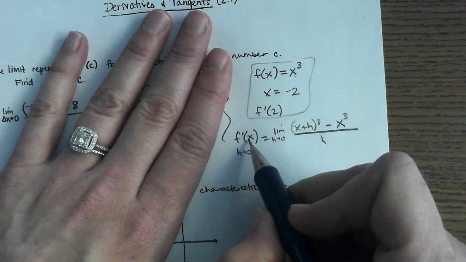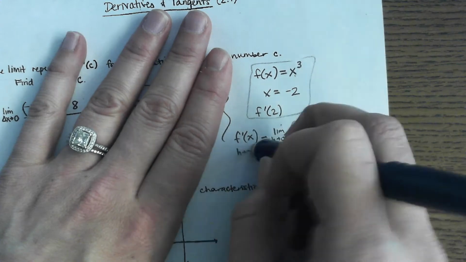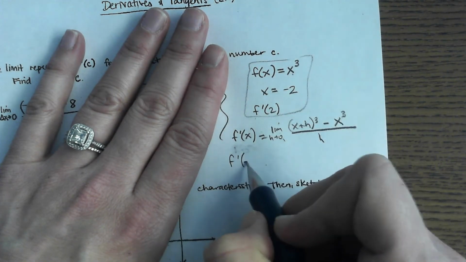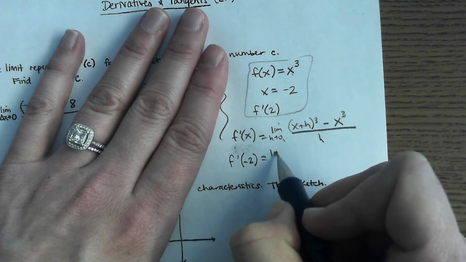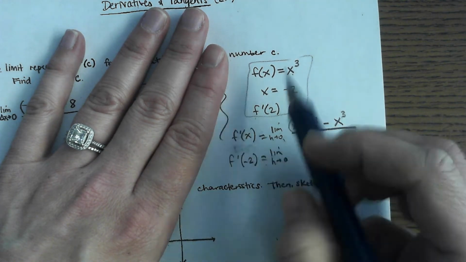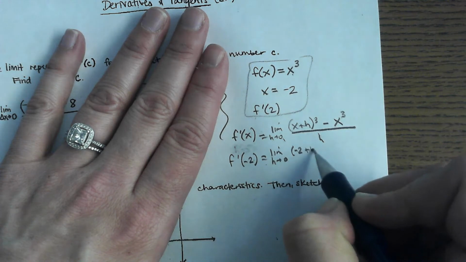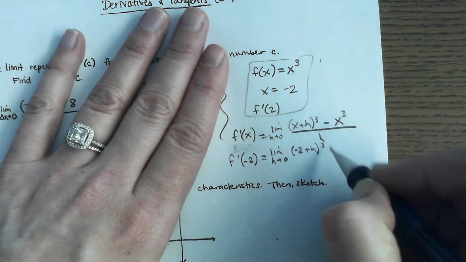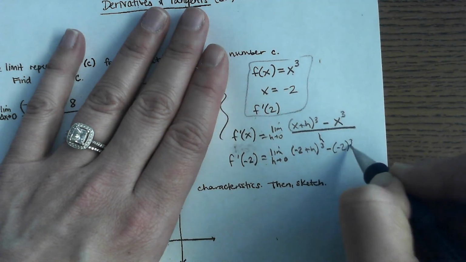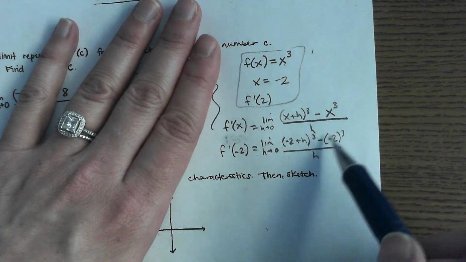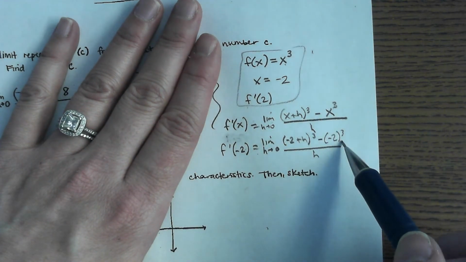And since we're actually looking for f prime of -2, he thinks, that's just me taking what I just wrote and plugging in a -2 for the x. (-2 plus h) cubed minus (-2) cubed all over h. And here's where he's talking about that double negative turning into a +8.